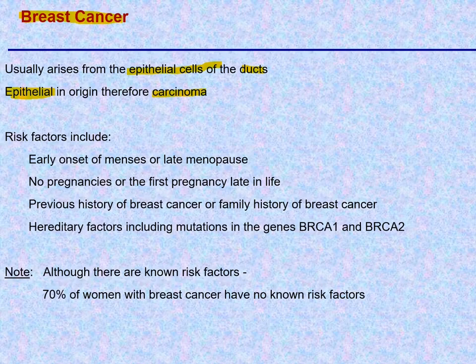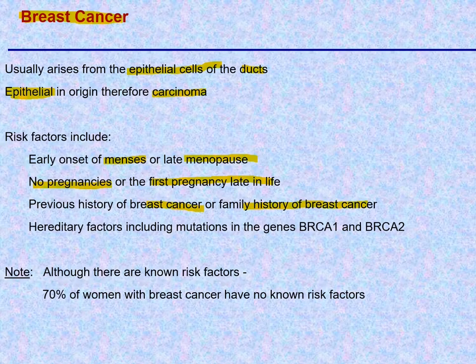There are a number of recognized risk factors, or characteristics, that increase the risk of developing breast cancer, and that includes an early onset of menses, the menstrual cycle, or a late menopause, no pregnancies or a first pregnancy late in life, previous history of breast cancer, and a family history.